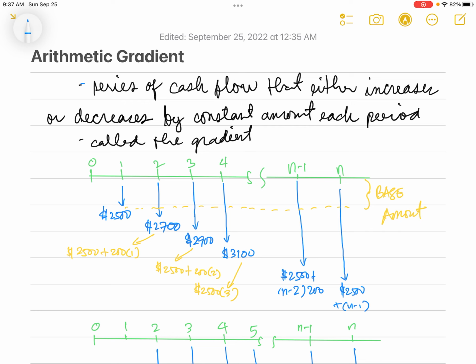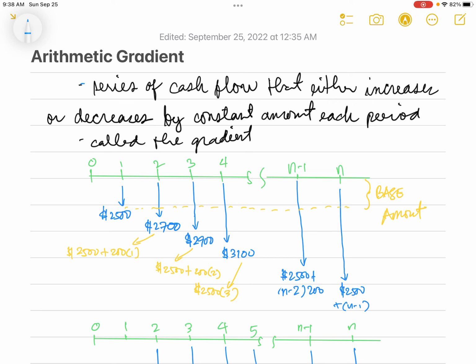Of course, in that discussion, we recall that the amount A is a uniform amount over the n interest periods, having a uniform or a fixed interest I. Today we discuss the arithmetic gradient, which is a series of cash flow that either increases or decreases by a constant amount each period, and the amount is called the gradient.